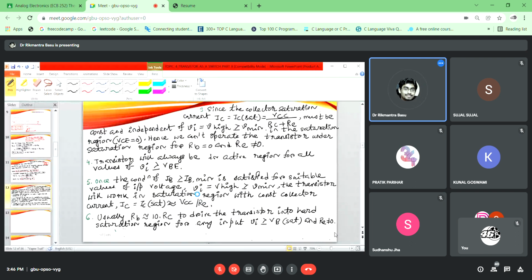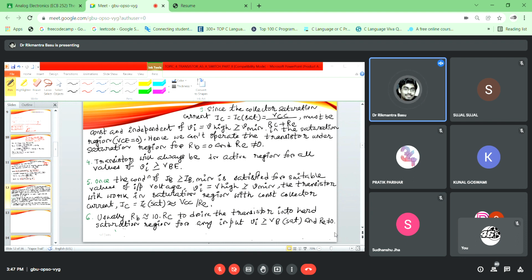However, after the theoretical calculation, we have to do the simulation and cross verify the ranges, because the theoretical calculation always gives the input signal Vi for a range of values of input signal, a range of values of RB minimum to RB maximum, IB minimum to IB maximum.